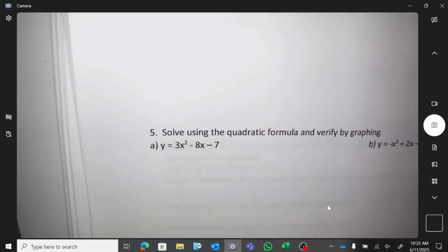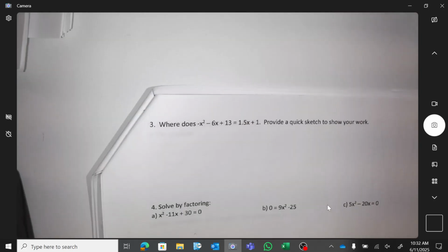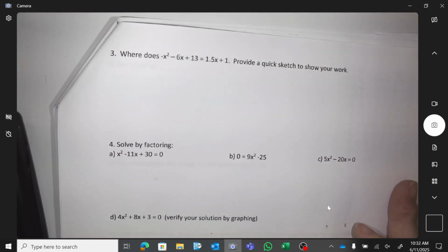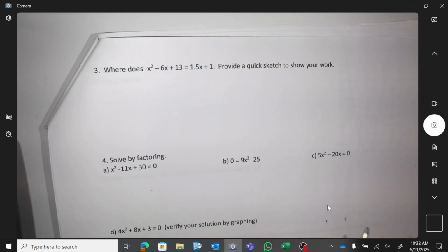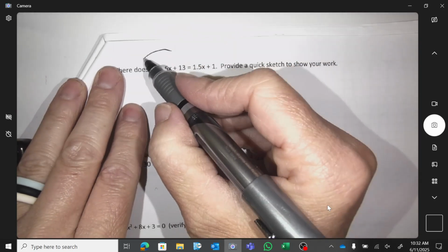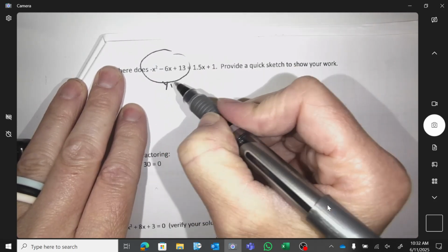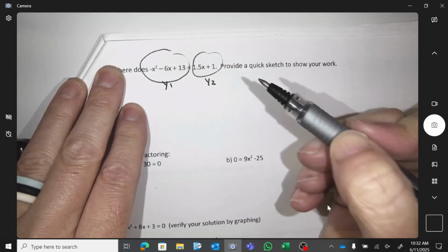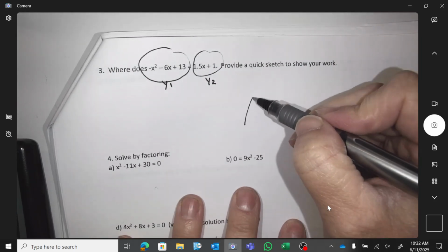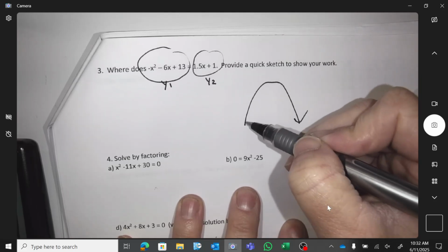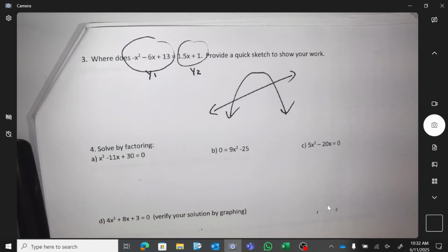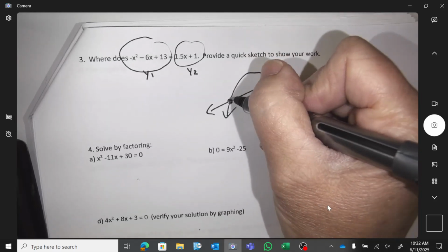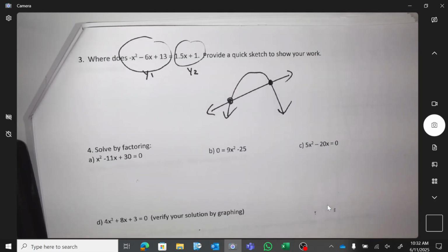I would say that 90% of you got this question wrong on your test right here, this one. Okay, I'm going to do this for you and I'm going to say why you guys got it wrong. Where does this equal this? So everybody did a really good job of putting that in Y1 and Y2 and showing me that it looked like this. Okay, that was great. And almost everybody found the intersections.